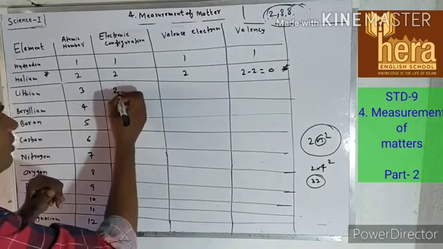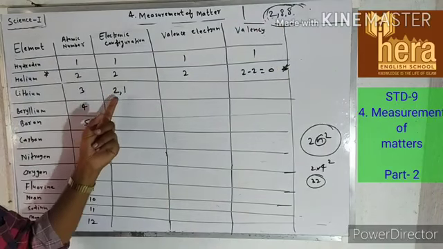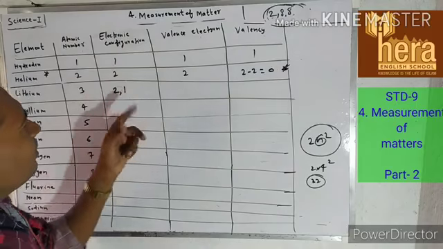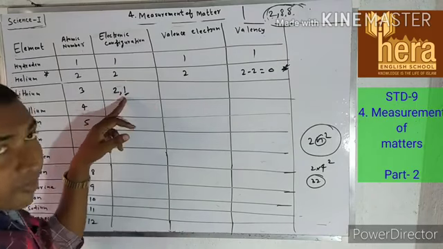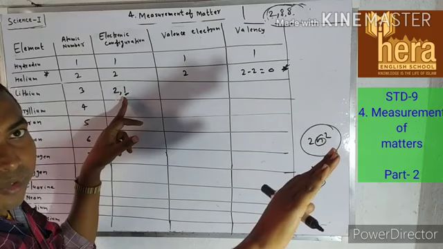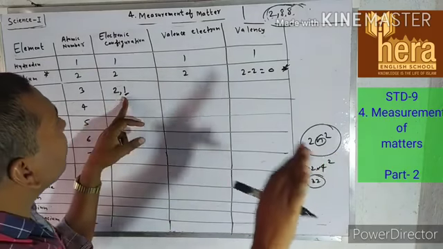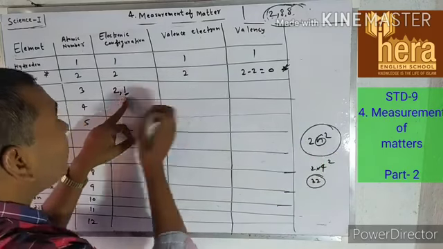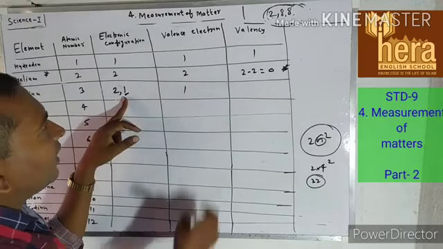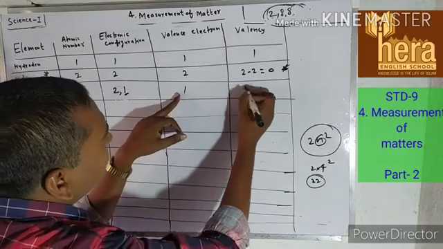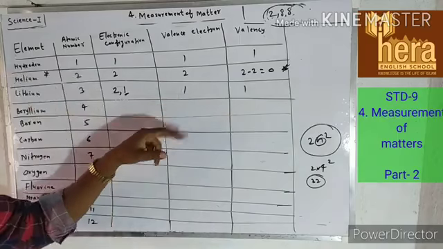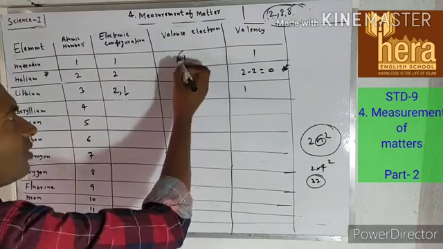So here is only 1. So valence electron is 1. Valency again 1.